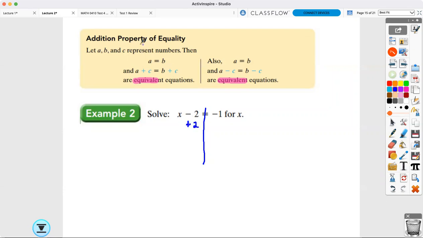But remember the property, to keep it equal, what we do to one side, we do to the other. So we're going to add 2 on both sides. But look, -2 plus 2 cancels out with 0, and we have X by itself. So we bring the X down by itself. Equals, now look at the right side. -1 plus 2. You owe me $1, but you deposited 2. So now you only have $1 to yourself, and box your answer. And we're done.